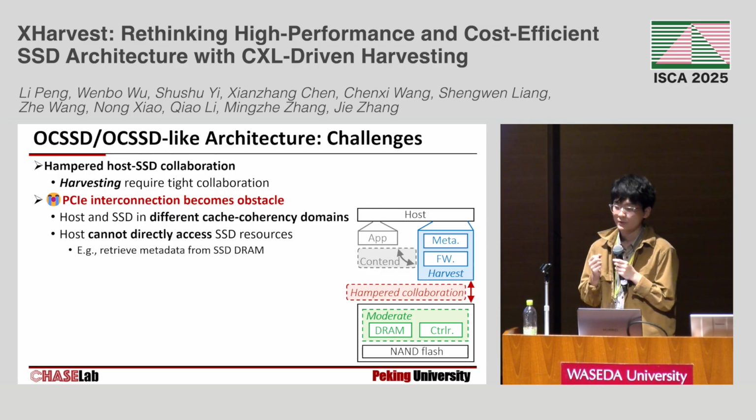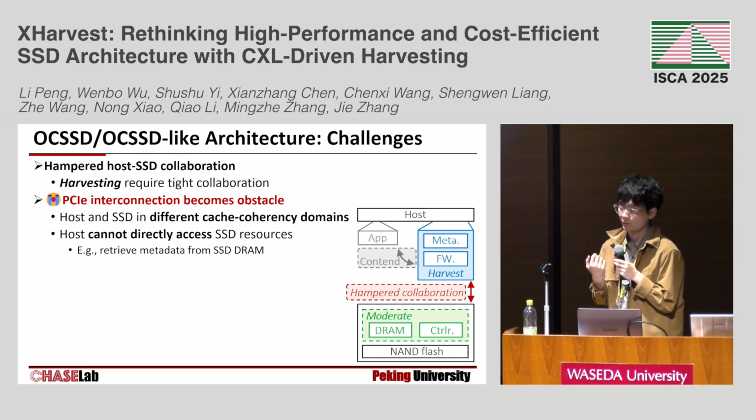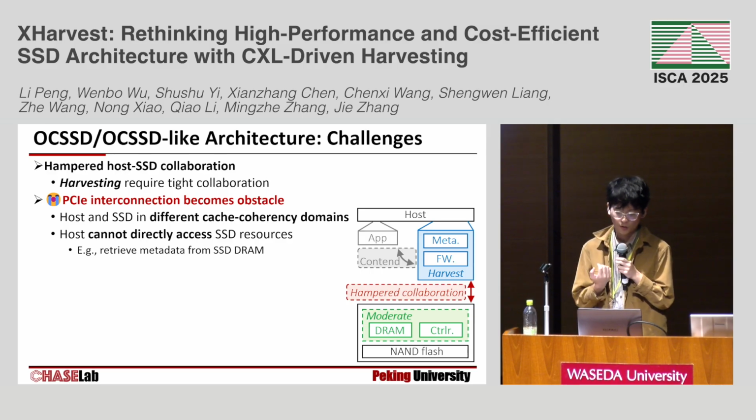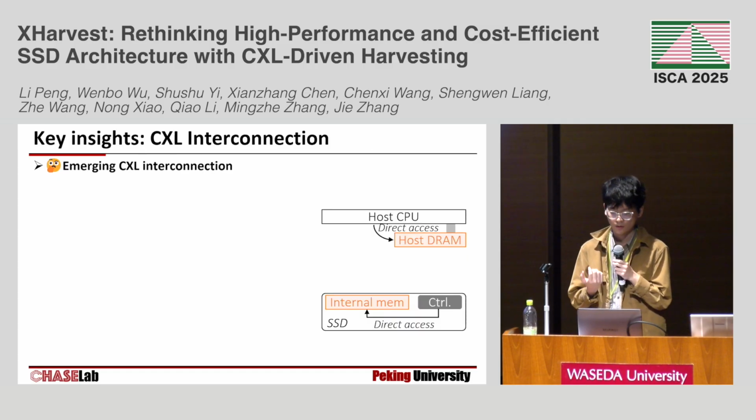Specifically, PCIe separates the host and SSD into different cache coherency domains. This prevents the host from directly accessing the SSD internal resources, such as retrieving the metadata from the SSD internal DRAM. Our key insight for tackling this challenge is the emerging CXL interconnection.